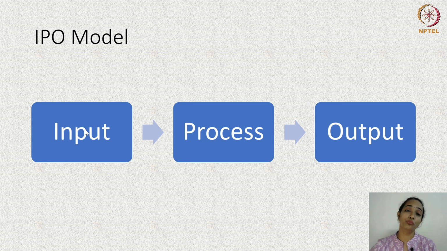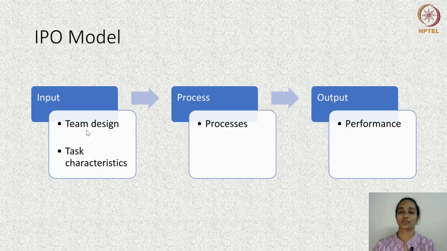Now, let us see what we will be focusing on in the rest of the course. We will be focusing on team level factors and team level functioning. Two very important input factors which affect team functioning are team design characteristics and task characteristics.